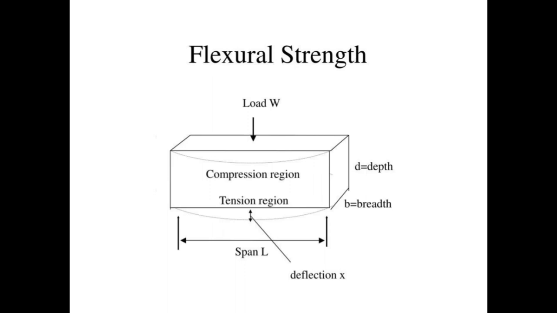When a load acts at the top of the object, there is gradual compression at the bottom. That deviation from the actual position is named deflection, denoted as x. That is flexural strength.